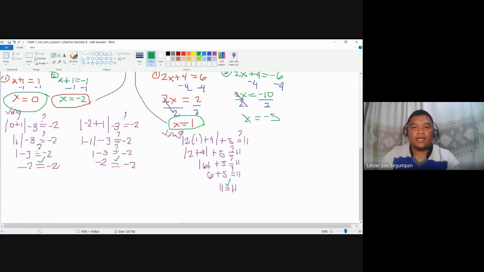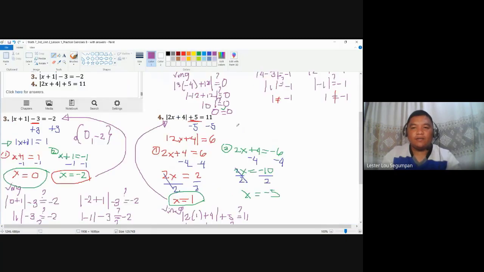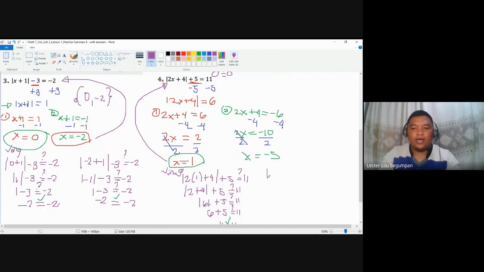Checking for the second case, using the given equation here. So you have 2 times negative 5, this is absolute value, plus 4, plus 5 outside, question mark, 11. Again, no need to remove this 5 here. You might say, I will subtract both sides by 5, sir. No need to, because that's already checking.